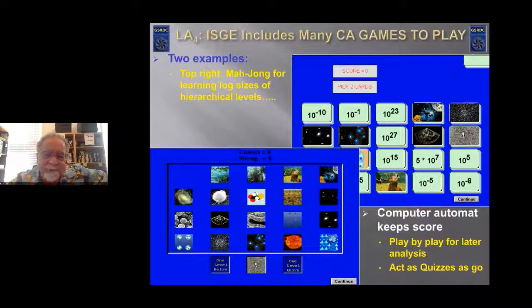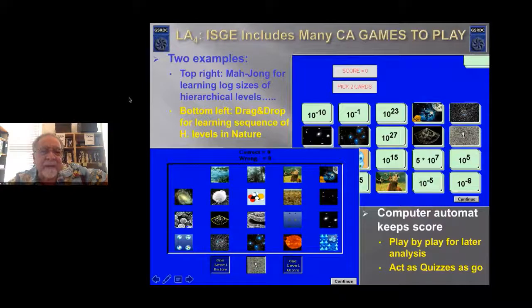Oh, well, I can't point to that middle one in the left-hand picture. Oh, there it is. The other one is a drag and drop. So what would be the size directly the level below this one or above this one? And you'd have to pull it down. And if you pull down the wrong one, it would reject it. And so you could learn that way. So the computer automatically kept scores play by play for later analysis.